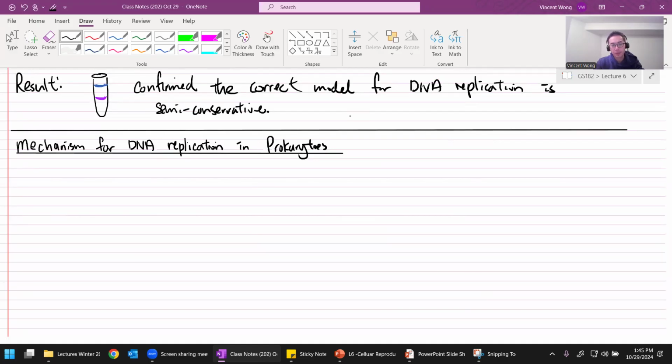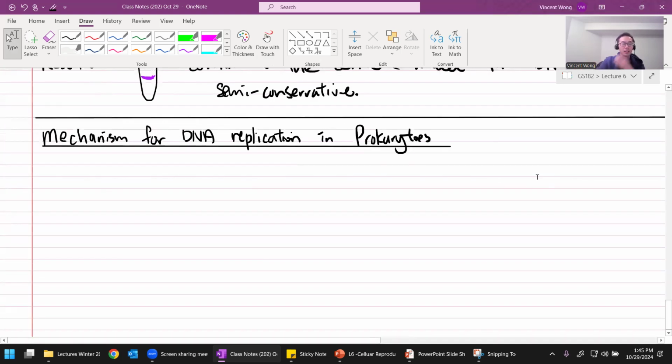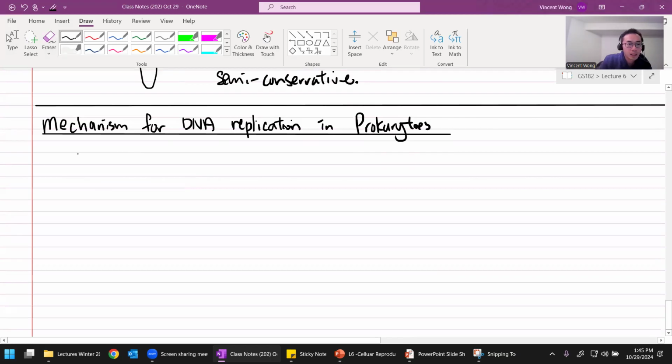And we'll see that there are striking similarities between what happens with the prokaryotes and with us. So let's start right there. Let's draw a bacterium here.